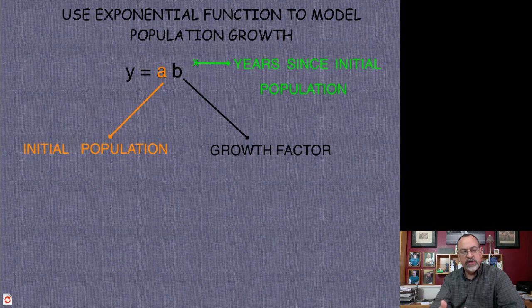The initial population will be when the x value is 0. This is huge. When the x value is 0, what's the initial population? Because as you see in the diagram here, the x represents the years since the initial population, or since we began the study.